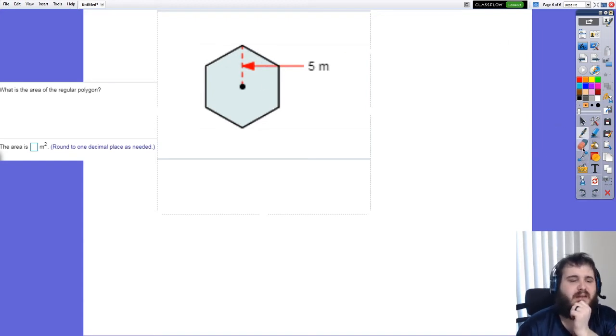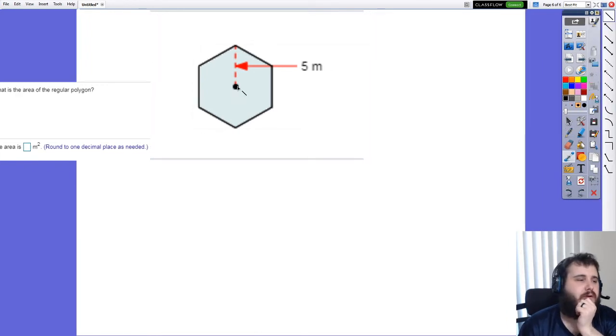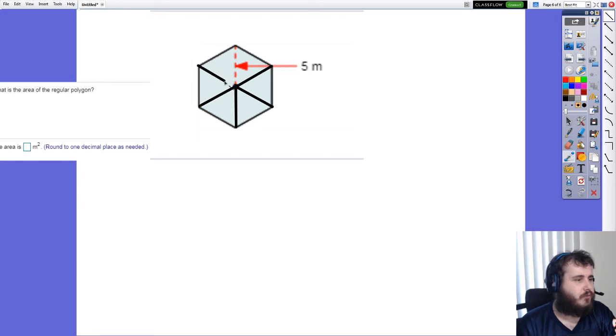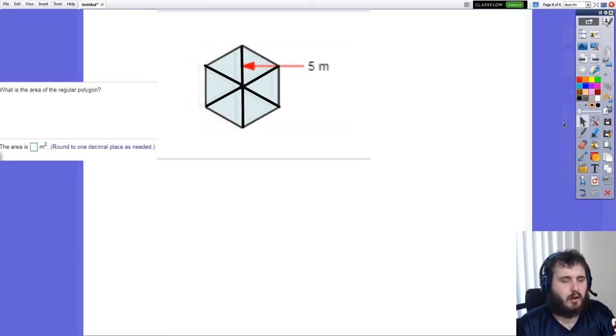Whenever you have a regular hexagon like this, we're going to do the same thing that we do with all the other ones. The only difference is that when we do it, we're not going to have to use trig, because we've got a special thing for our regular hexagon, and I'll tell you why right now.